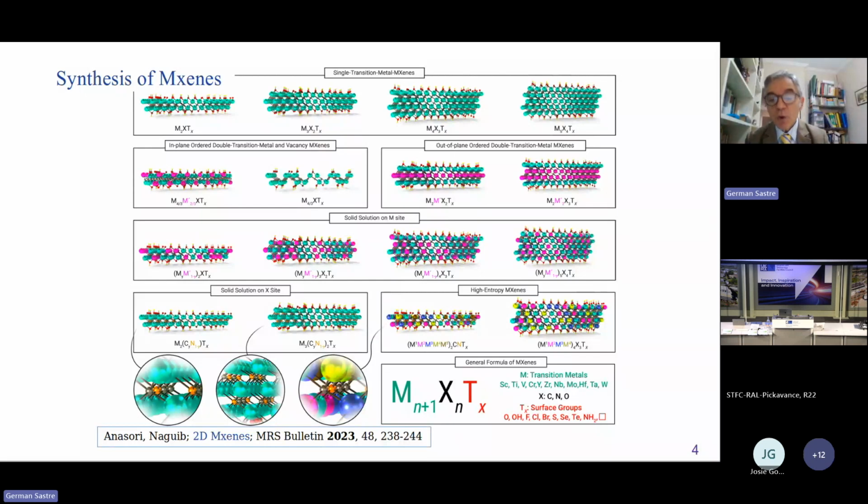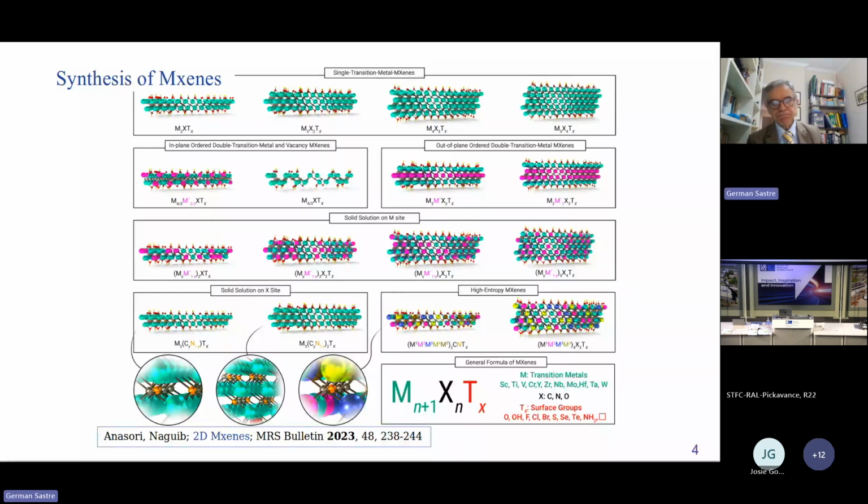Then only scandium has been added from the original list of atoms that could be making part of MXenes. But in terms of surface groups, there is a large list of more terminations that have been more recently introduced, sulfur, selenium, tellurium, and so on.